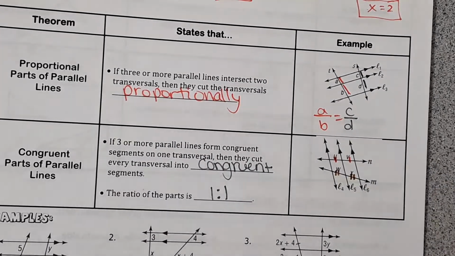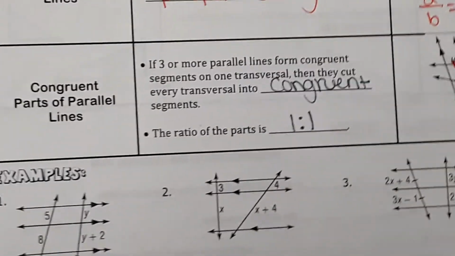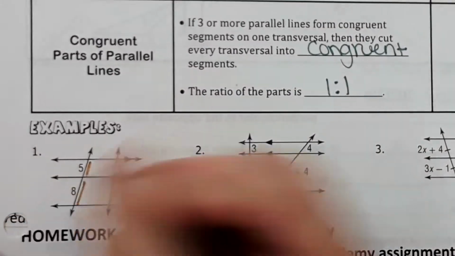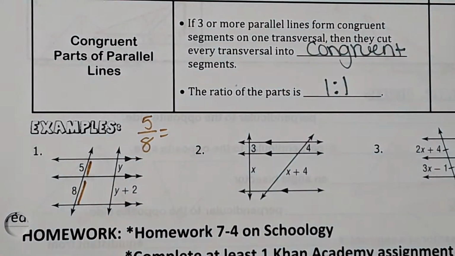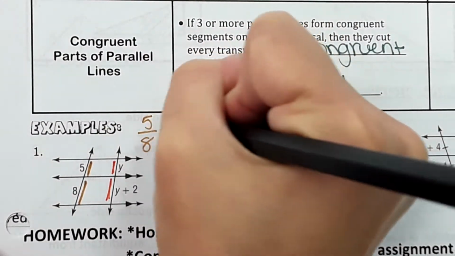Okay, so now let's look at this in actual problems. And again, it's the same thing, just setting up proportions. So number 1, this is proportional to this segment here, so we're going to do 5 over 8 equals y over y plus 2.